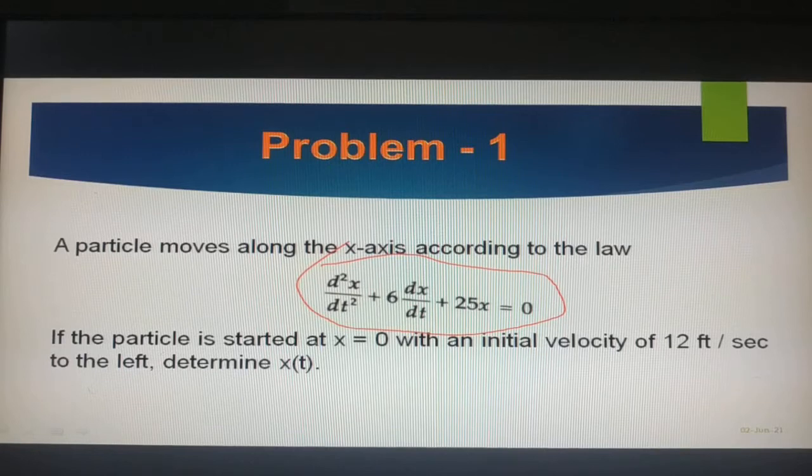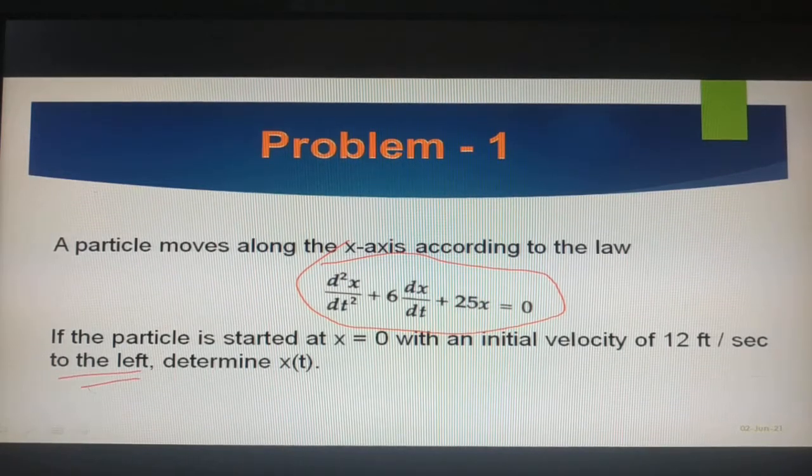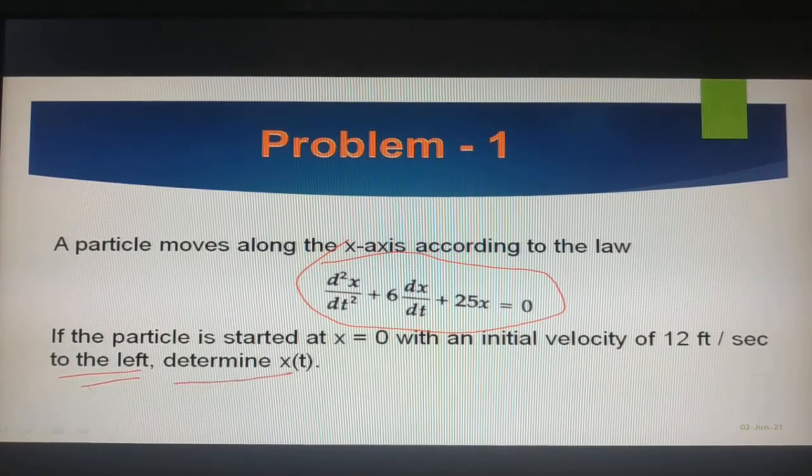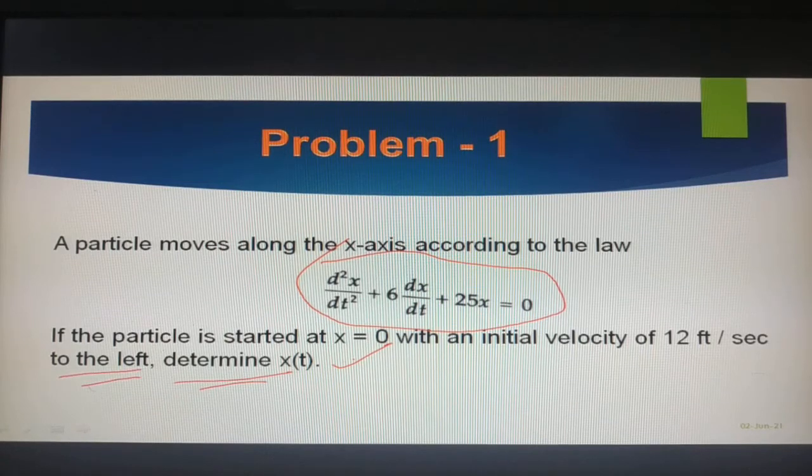If the particle is started at x equal to 0 with an initial velocity of 12 feet per second to the left, so it is moving left side, that means we have to take minus 12. We need to determine x of t.